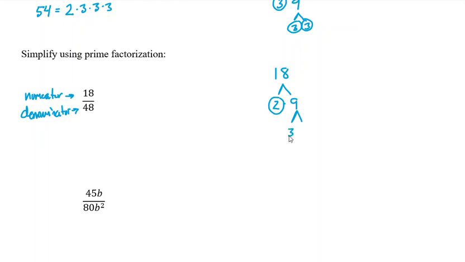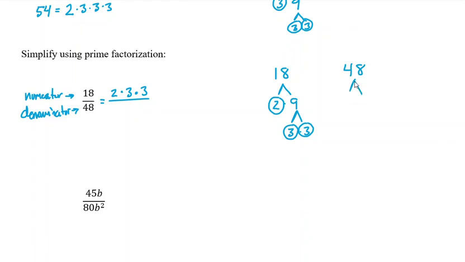It can be divided by 3. 3 times 3 is 9, and 3 is prime, so therefore there's all the prime factors. So I'm going to rewrite my fraction, and on top I'm going to write, instead of writing 18, 2 times 3 times 3.